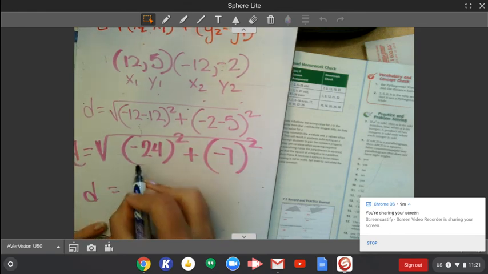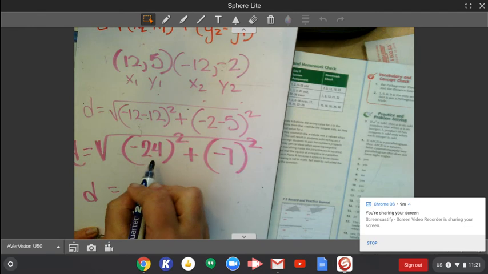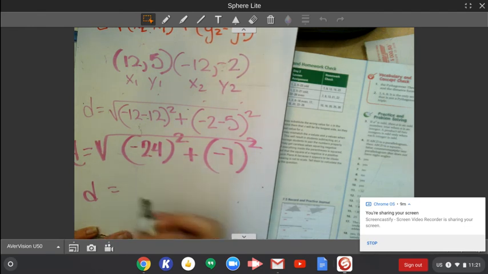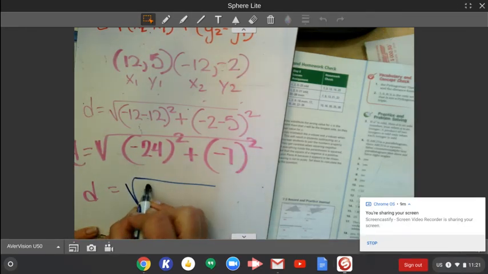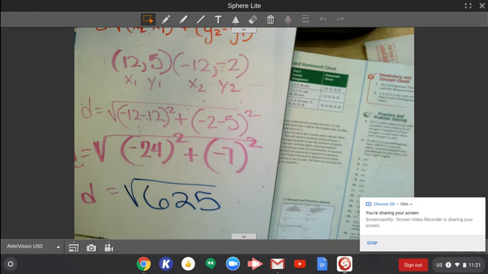Okay, so if you do negative 24 squared plus negative 7 squared, you can put that in your calculator. Remember, whenever you square a negative, it turns positive. You get square root of 625. Now, this is a perfect square. Okay, so what you want to do is check and make sure, because if it is a perfect square, you can actually simplify it. So you're going to do square root of 625.